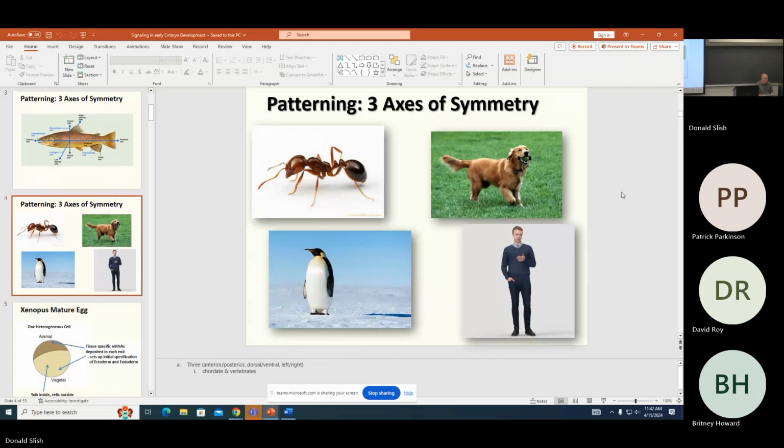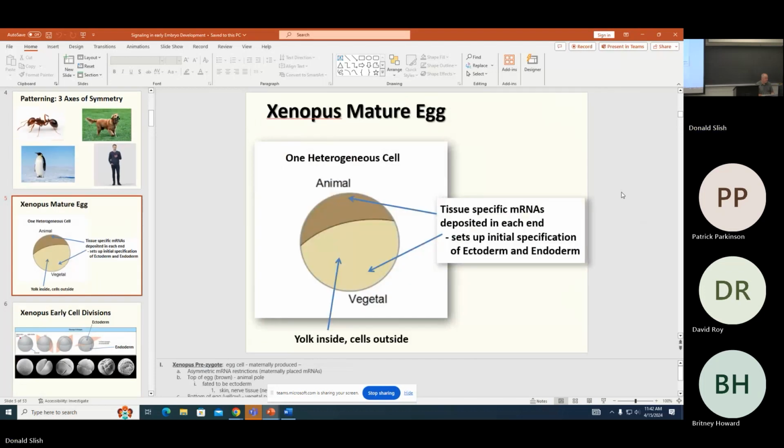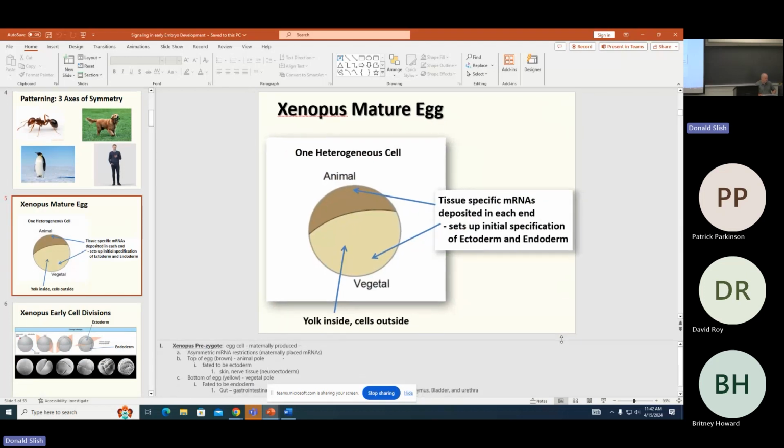So how does it come about, which is what we're talking about here. So if we look at our Xenopus egg, a Xenopus egg is brown on top and yellow on the bottom. This lets you know that this is the animal pole, and this is the vegetal pole.